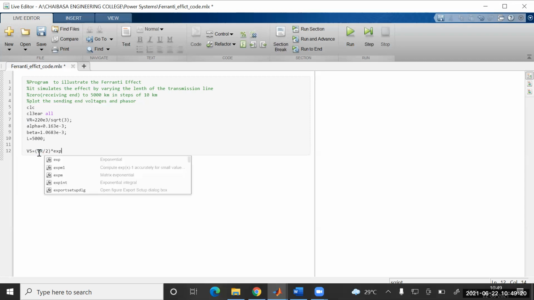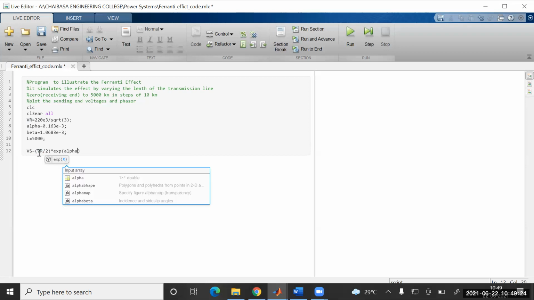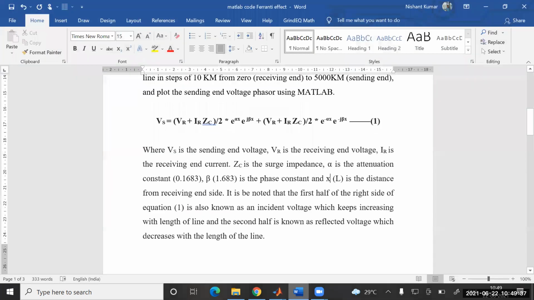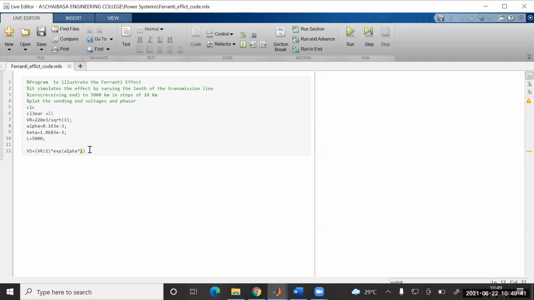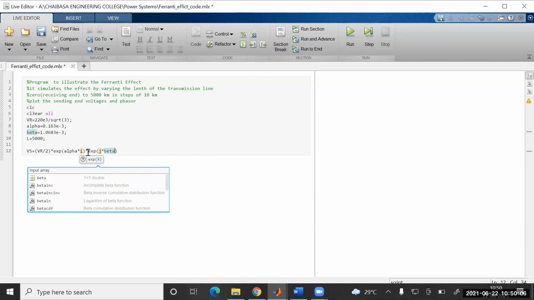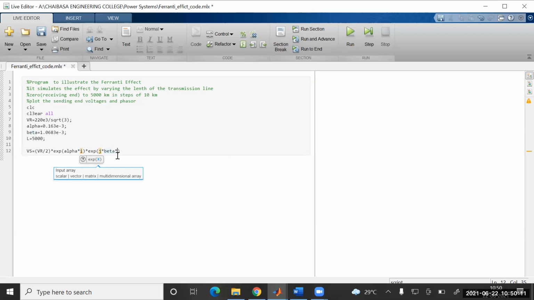into exponential alpha into l, into exponential j beta into l.